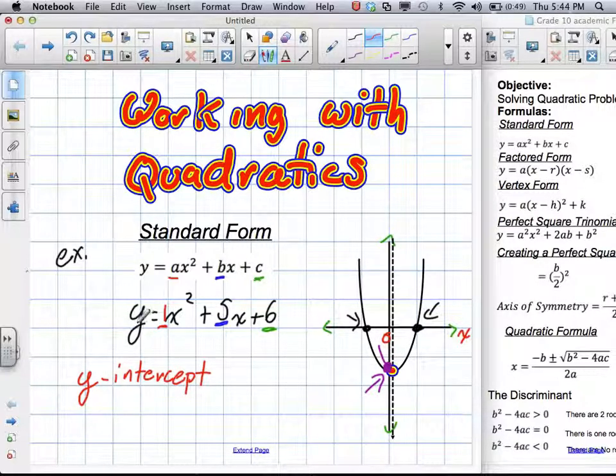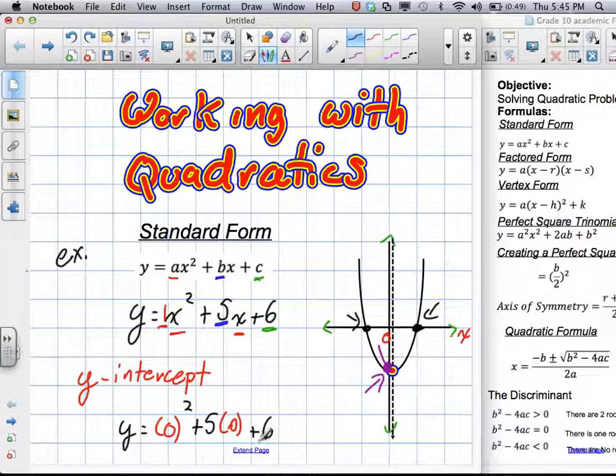So in standard form, we have our y equals, and instead of writing an x, we're going to replace all the x's with the number 0, because that's when the value of x is 0. So plus 5 times 0 plus 6, technically. Okay, so I replace the other x with 0. So we've replaced both of the x values with the number 0.